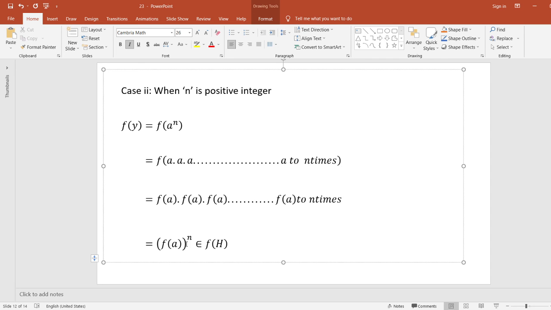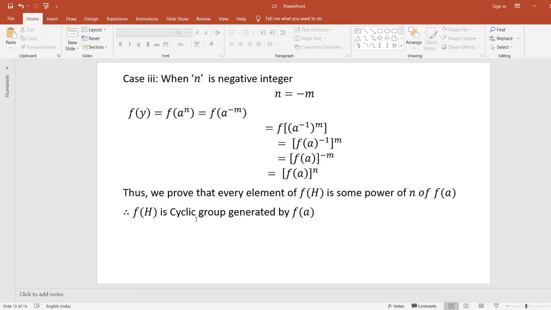And this can be written as f of a whole to the power of n, and this belongs to f of H. It is an element which is a power of n, right?